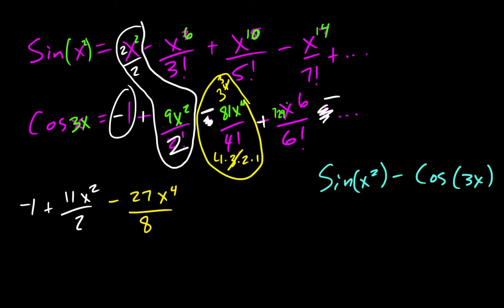Now we have 2x to the 6th. So what I want to do first is figure out what the bottom is. So 6, 5, 4, 3, 2, 1, and then 729 was 3 to the 6th power. And so we can start off by doing 3 and getting rid of one of those. But also 6 is 3 times 2, so we can get rid of another one.